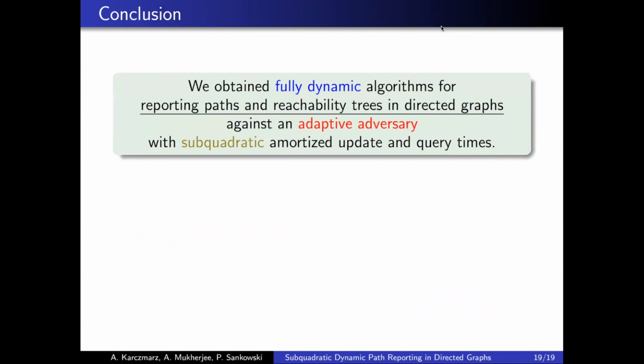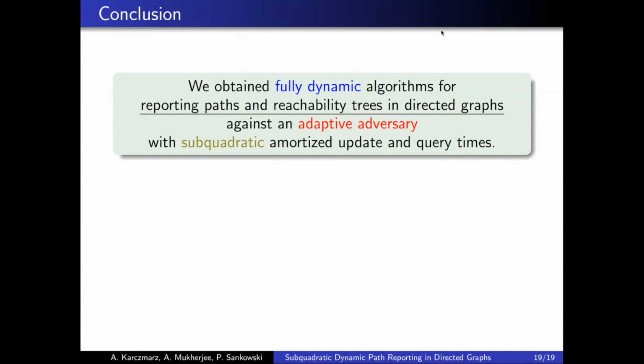So to conclude, in addition to several deterministic incremental path reporting algorithms, we obtain fully dynamic algorithms for reporting paths and reachability trees in directed graphs against an adaptive adversary with subquadratic amortized update and query times.